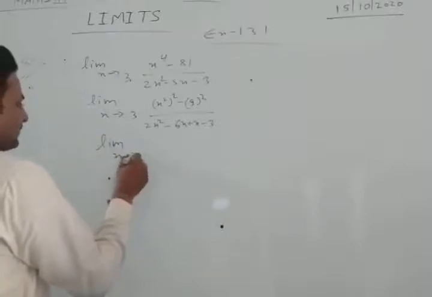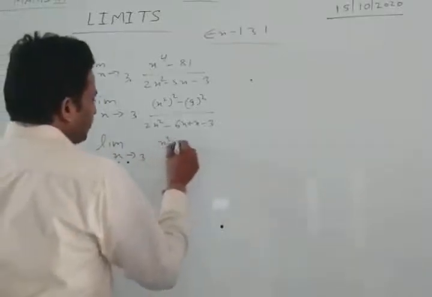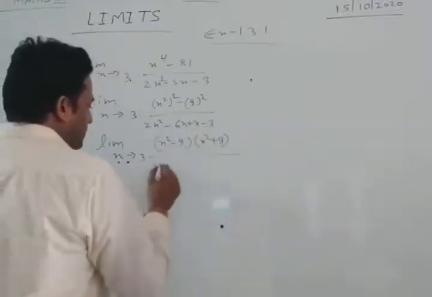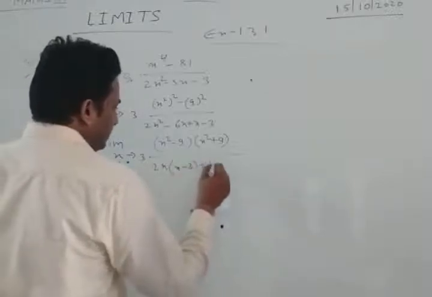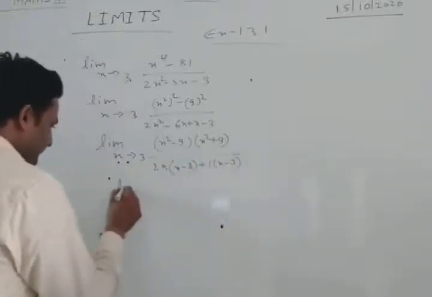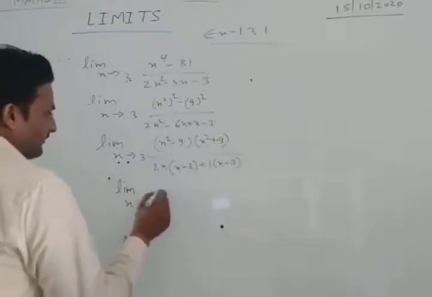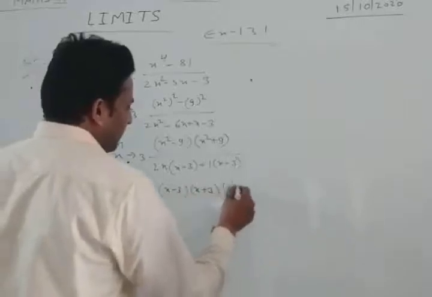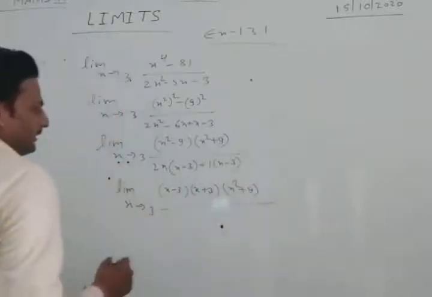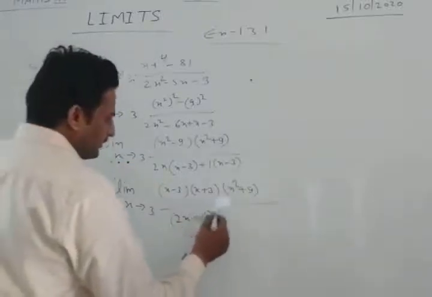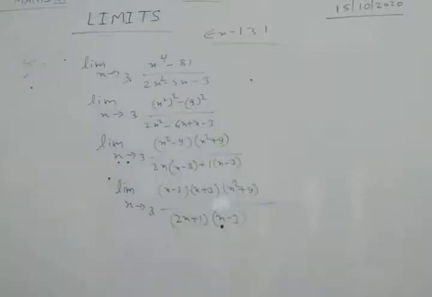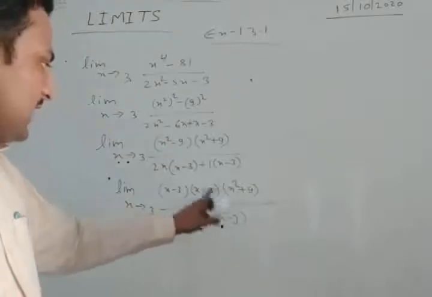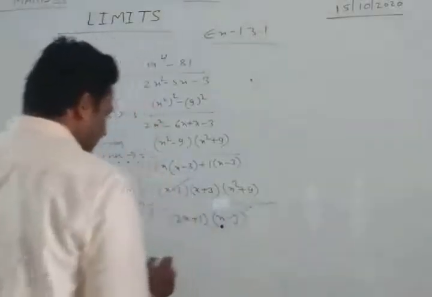So limit x tends to 3 of x square minus 9 times x square plus 9 upon 2x times x minus 3 plus 1 times x minus 3. We get x minus 3 times x plus 3 times x square plus 9 divided by 2x plus 1 times x minus 3. Okay, now we will see that this x minus 3 and x minus 3 will be cancelled.